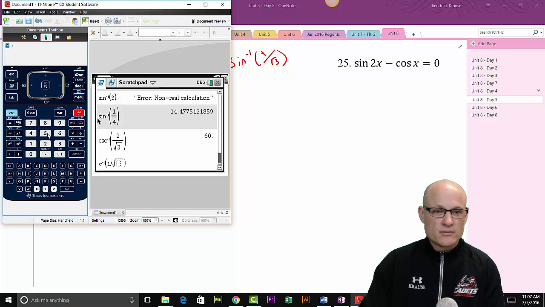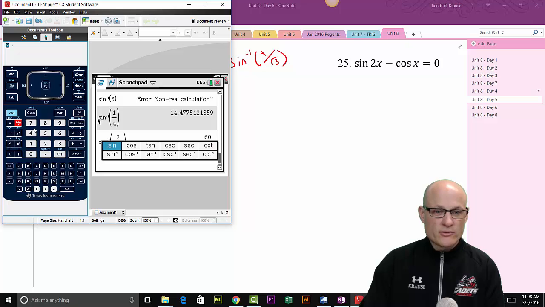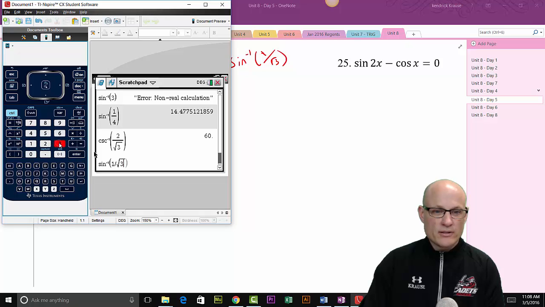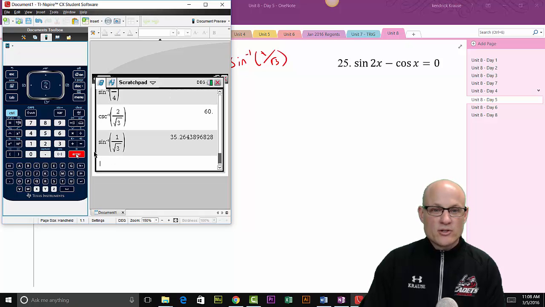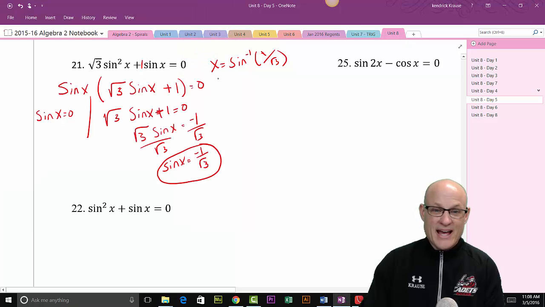Okay. Let's start over. So inverse sine of 1 divided by the square root of 3. Enter. 35 degrees. Rounded to the nearest degree, it's 35 degrees. So x equals 35 degrees.